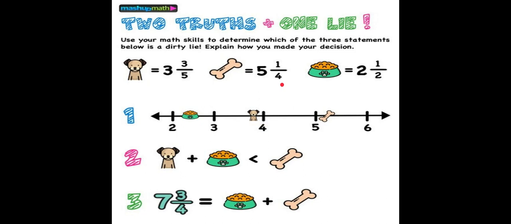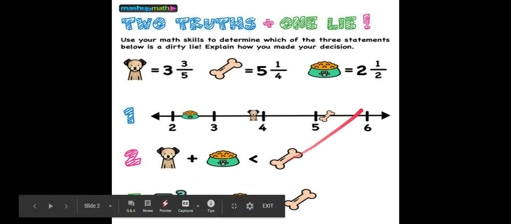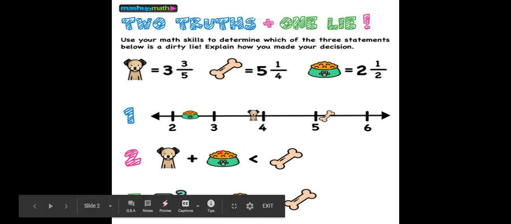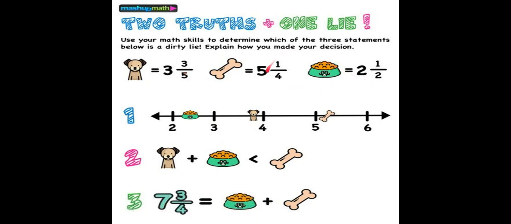The dog bone is only equal to 5 1/4. I know right away that this is incorrect because 1/2 itself is more than a fourth, before we even think about adding in the 3/5. So this one seems to be a lie, because 3/5 and 1/2 is definitely going to be greater than 1/4.